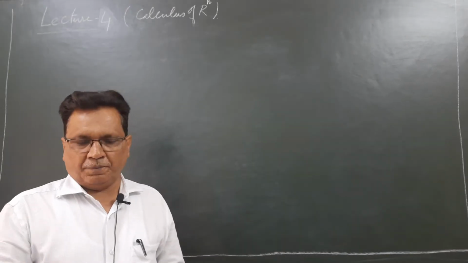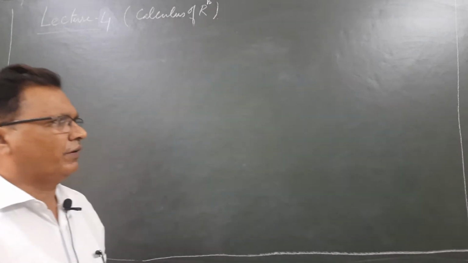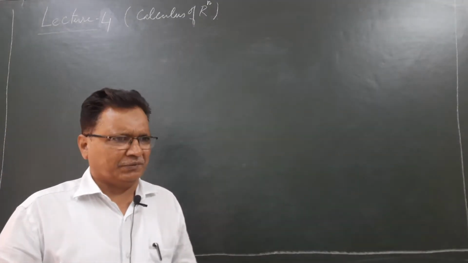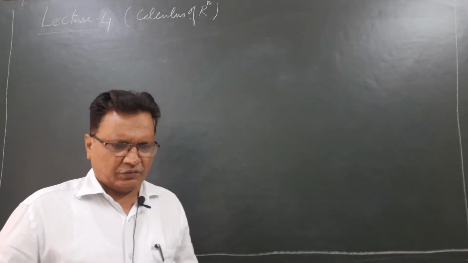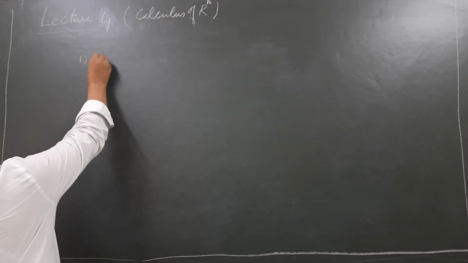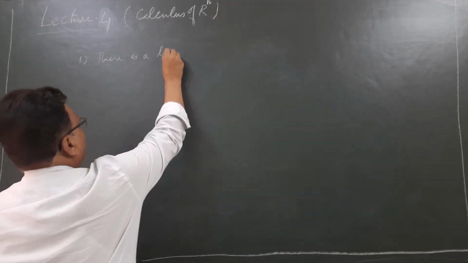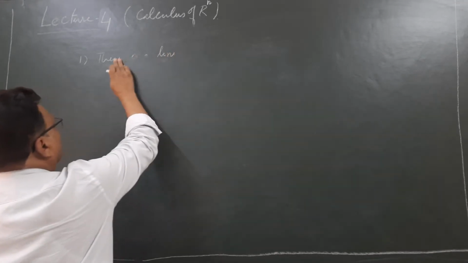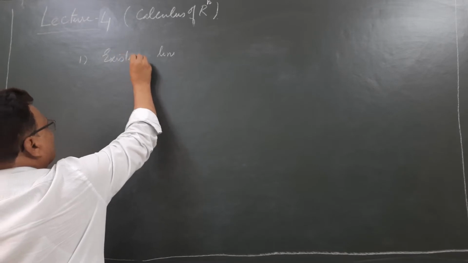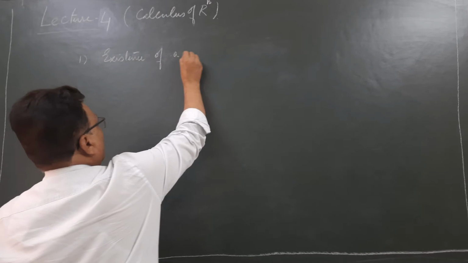All right, so in the last few lectures, we found that there are two characteristics for a function to be differentiable. The first one is the existence of a linear map.